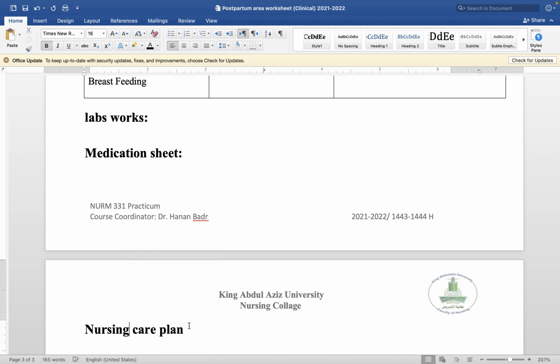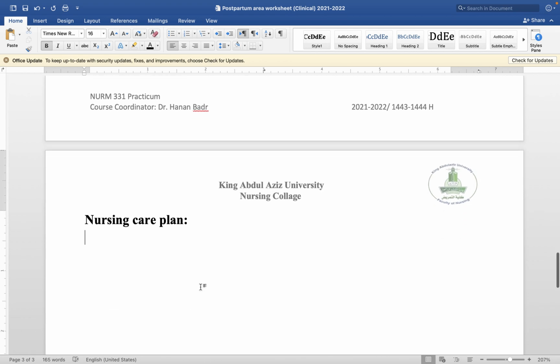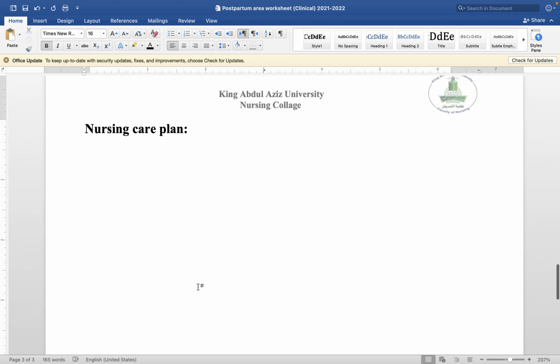The nursing care plan is also one of the requirements for a postpartum patient. We have a specific table also attached separately, a document in Blackboard. It's just a table for the nursing process, and also there will be a rubric for the nursing process, showing how the professor is going to grade your nursing care plan.